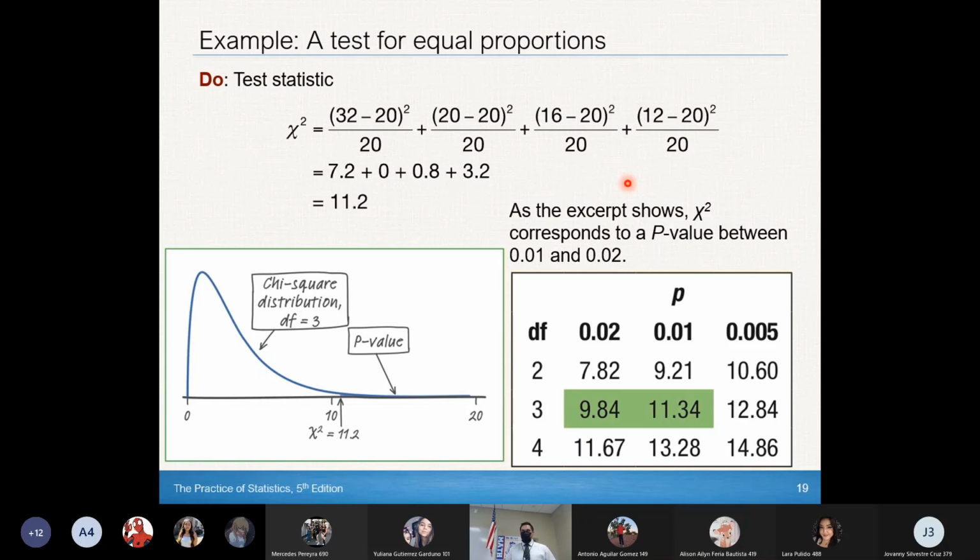So we had 4 categories in our categorical distribution. So our degrees of freedom will be 4 minus 1, 1 less than the number of categories. Awesome. Excellent.